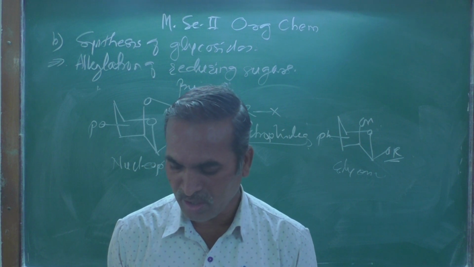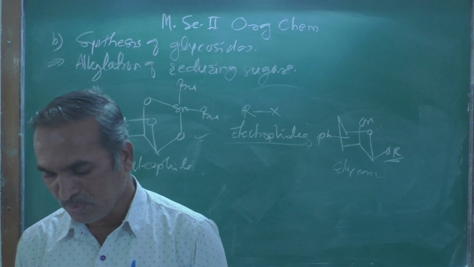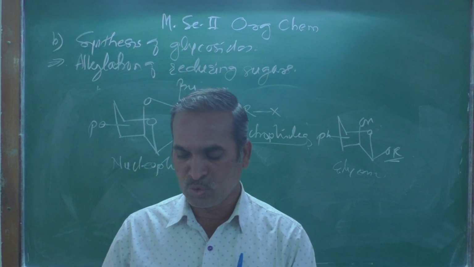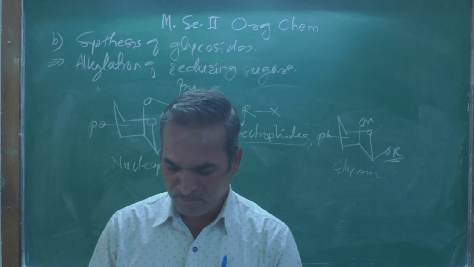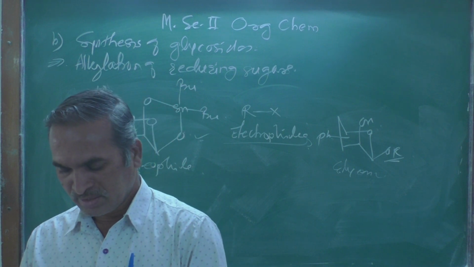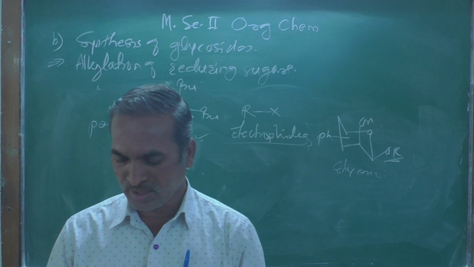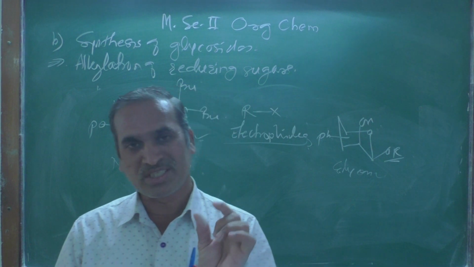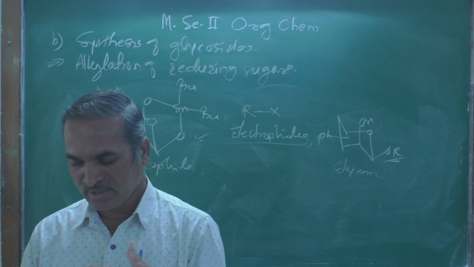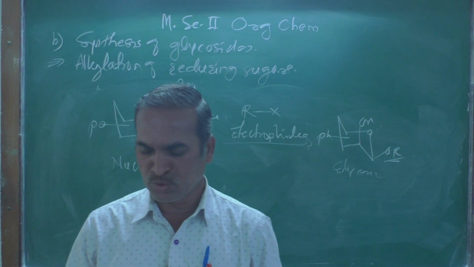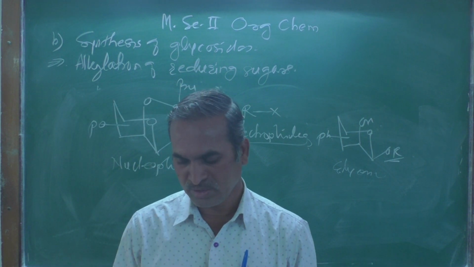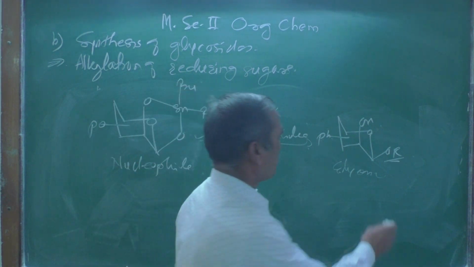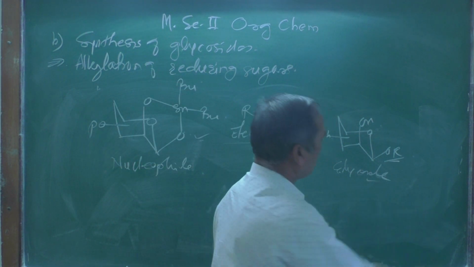Glycosylation via locked anomeric configuration employs a stannylene acetal at the 1,2 position of the hemiacetal. The stannylene acetal fixes the anomeric oxygen in the 1,2-cis configuration and leads to a 1,2-cis type glycoside, which we have seen just now. This is a glycoside, right?